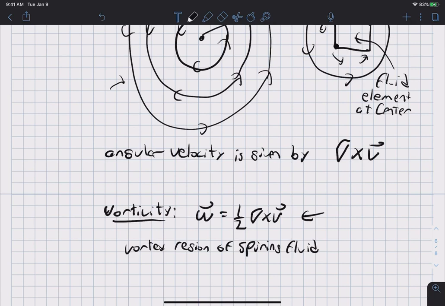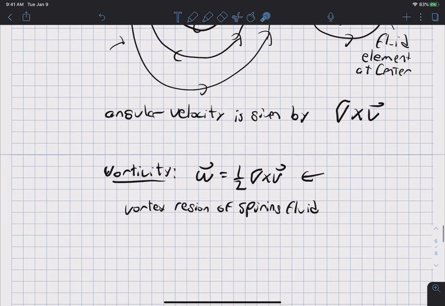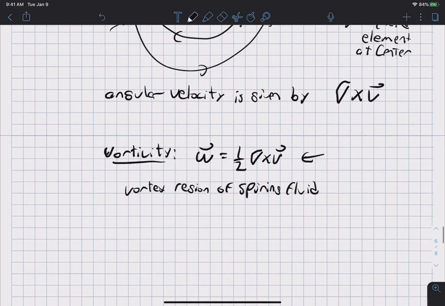So if you want to calculate at any given location how much the fluid flow is spinning, you can just compute the vorticity. Okay? But yeah, that should be fairly straightforward.